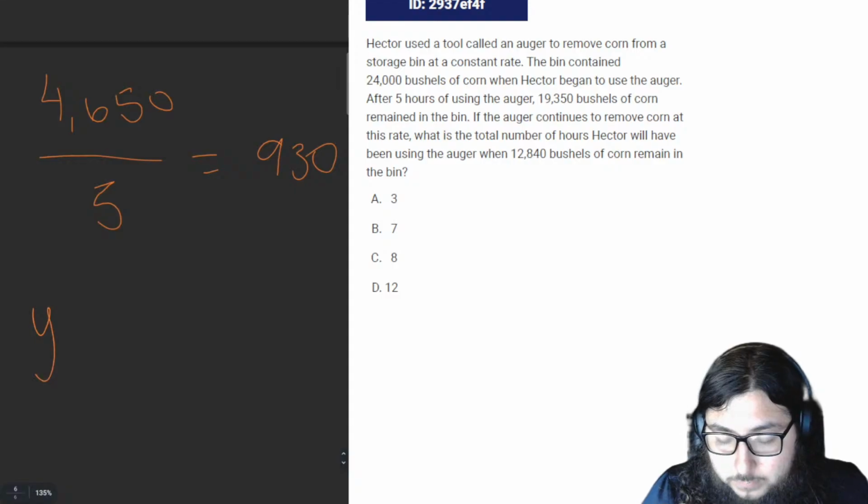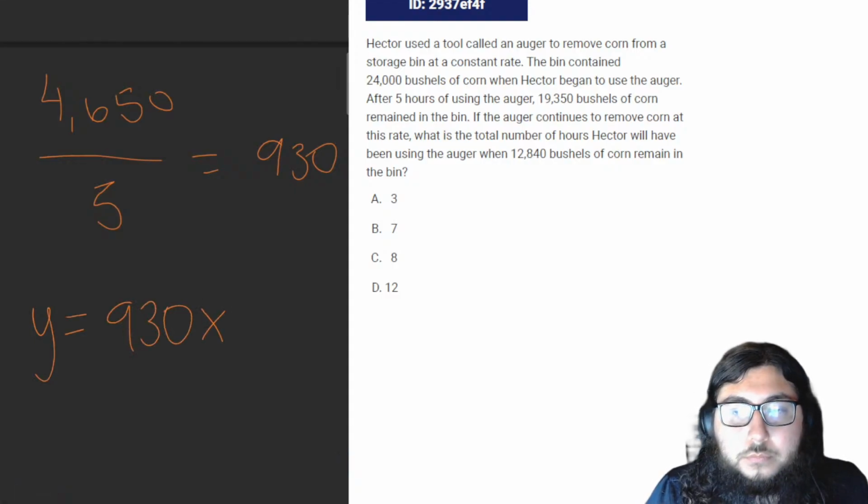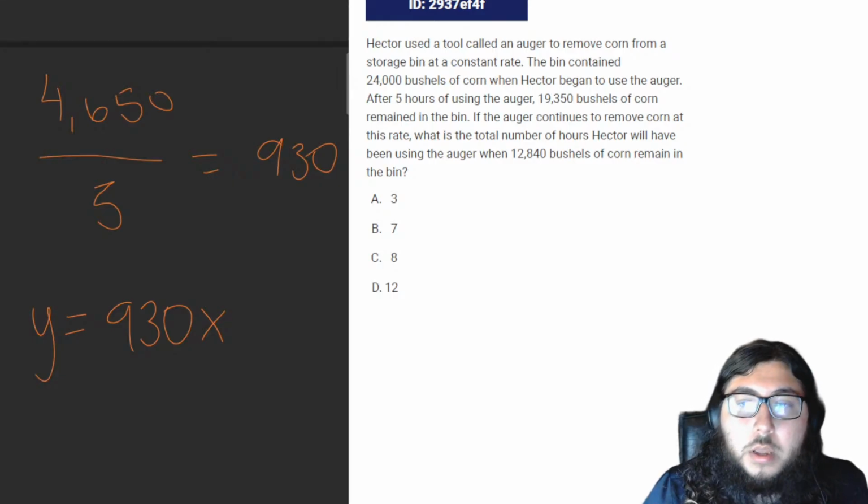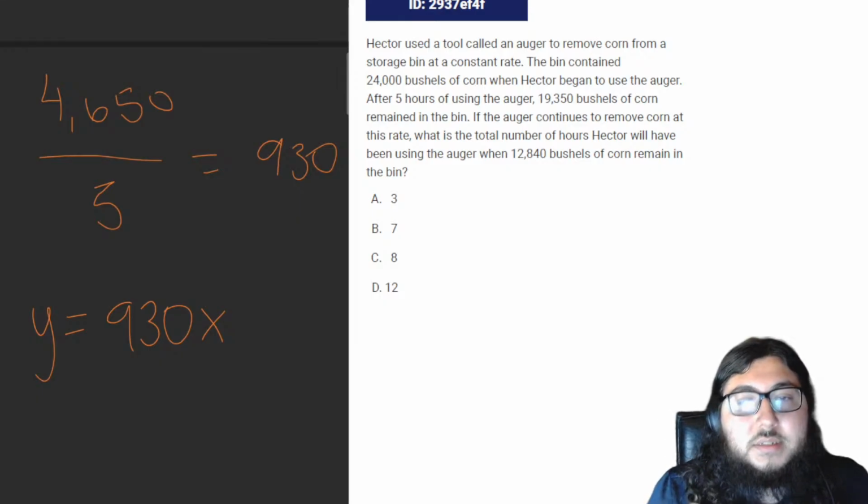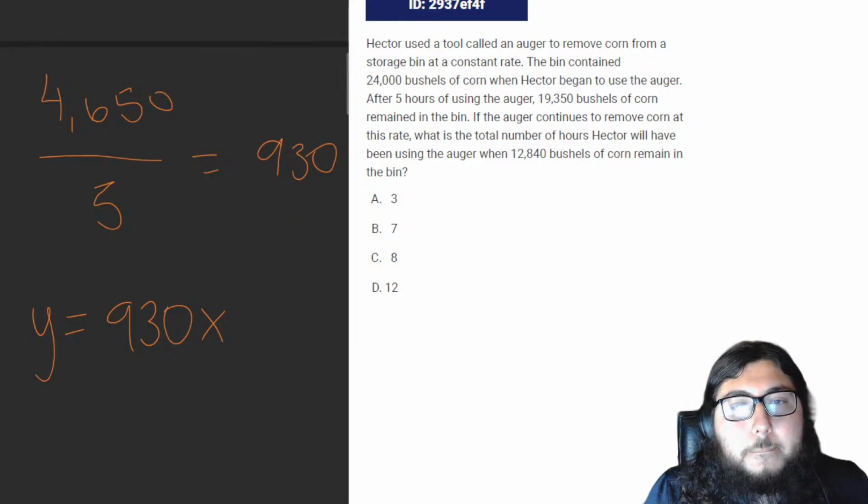So y is equal to 930x, if y represents the number of bushels of corn. Although this question does not ask for the number of bushels of corn that he has removed, the question is specifying how much remains.